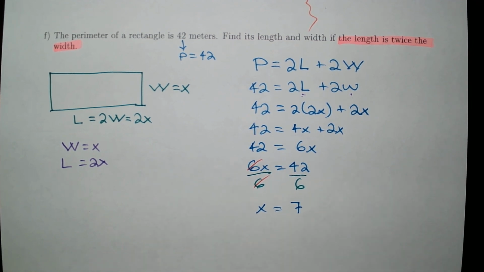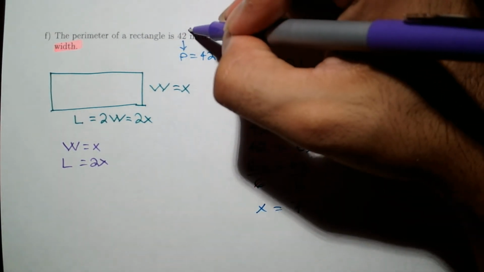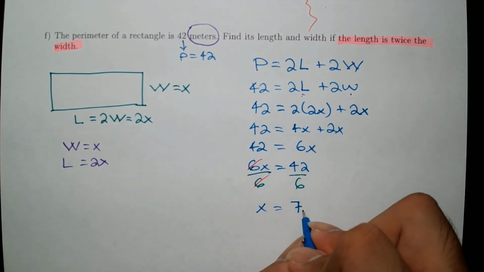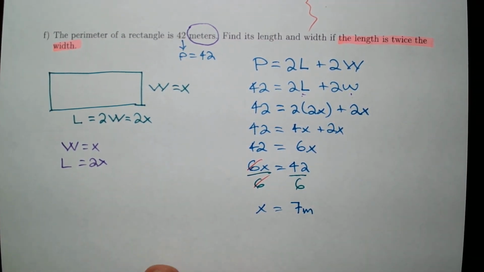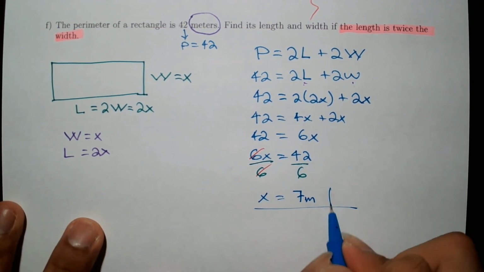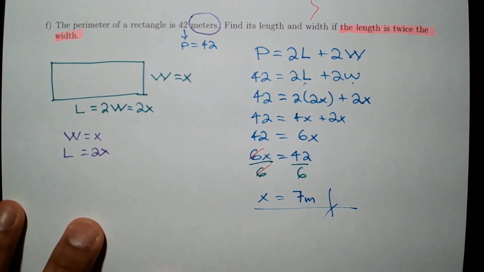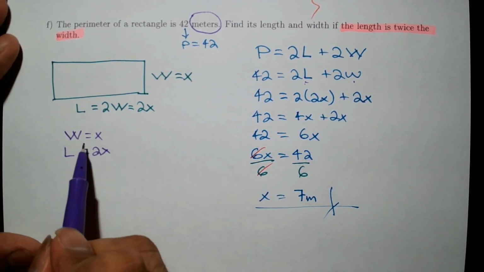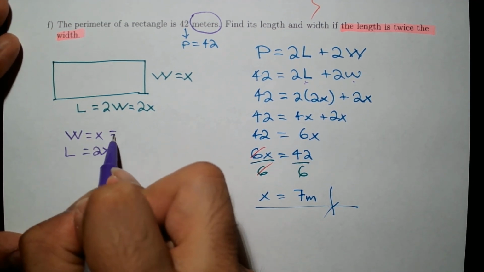However, don't forget that we now have some sense of application, so keep the units. This is the value of x. We are not done yet with the problem. We need to go back to our setup to answer the question.